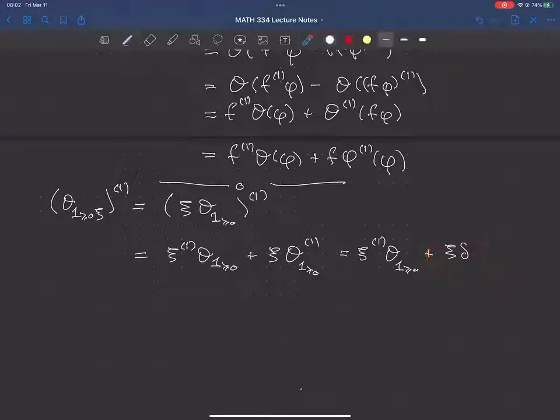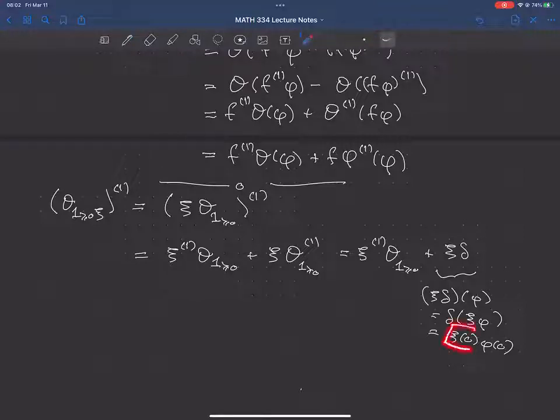This is obtained by C delta of phi equals delta, by definition of multiplication of a distribution by an infinitely differentiable function. It's C of 0, phi of 0. That's the definition of the Dirac delta. And my initial conditions ensure that that is equal to 0.